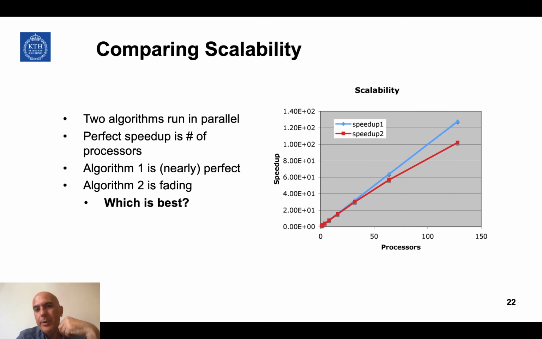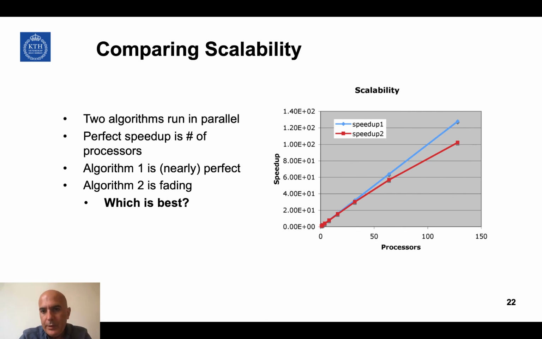So we are able to speed up our code by a factor of 2. You see that the blue line, the speedup relative to the performance of the serial code, is much better than the red one. You see that the red is actually flattened out.